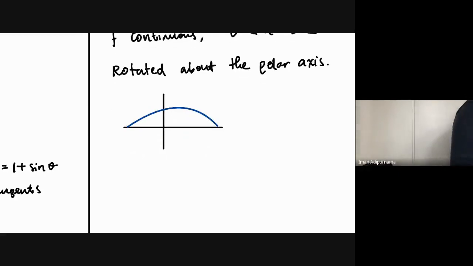So to find the surface area, let me write the general form in parametric.